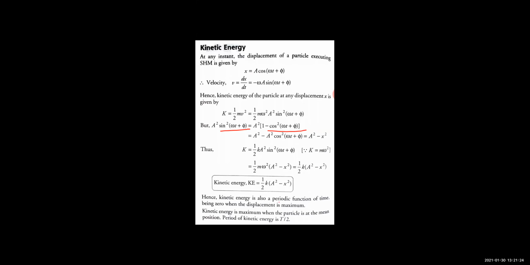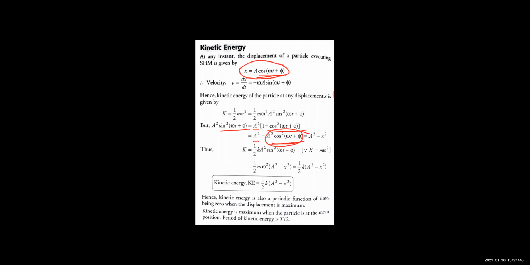So children, by substituting sin²(ωt + φ) as 1 minus cos²(ωt + φ), we will multiply A inside, right? Now this is what? This is x. So this is A cos(ωt + φ). Look here, x equals A cos(ωt + φ). But since it is squared, what did we put in its place? x².